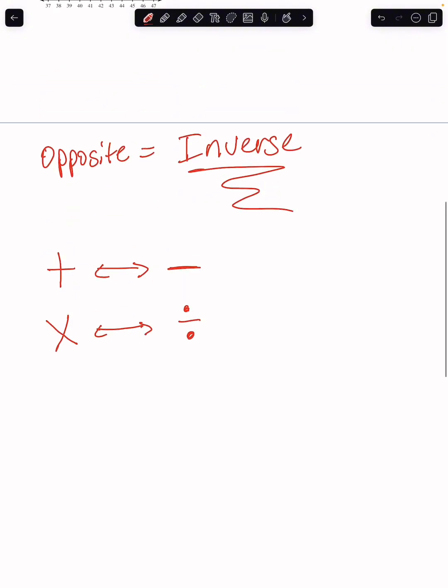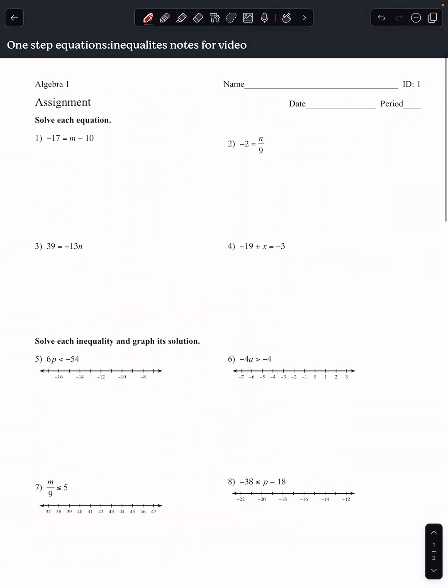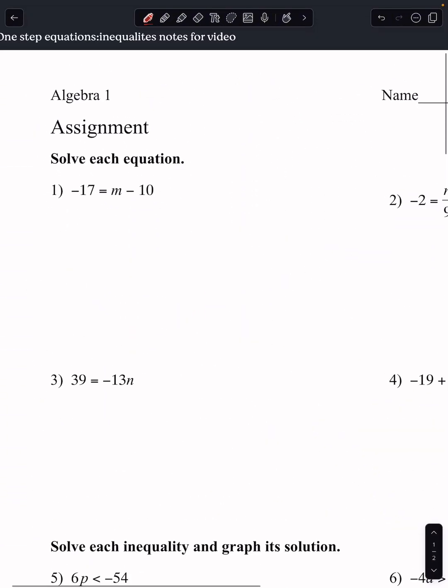Okay, so let's go back up here to these one-step equations. We got this first one. Now, draw a line down the equal sign, and this helps a lot. Also write the word "see" and the word "do". On the side with the equal sign, you need to identify what it is that you see attached to the variable.